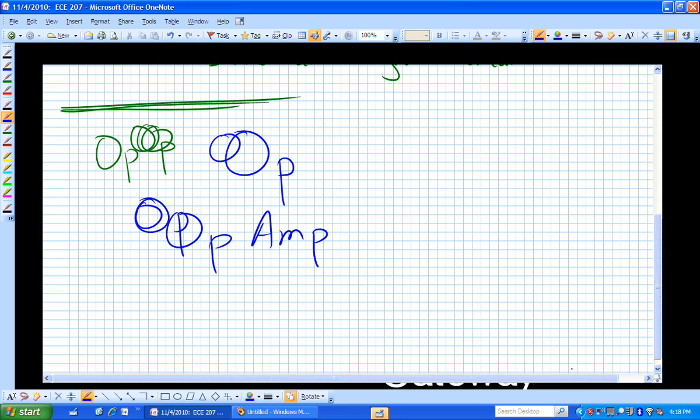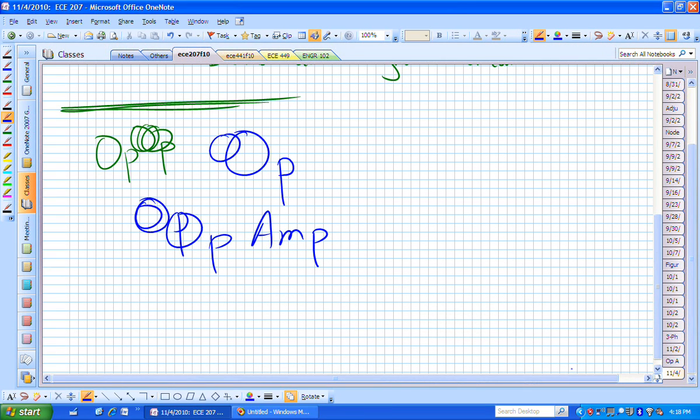Let's look at another inverting amplifier. And this must be coming to us via figure 14.6.